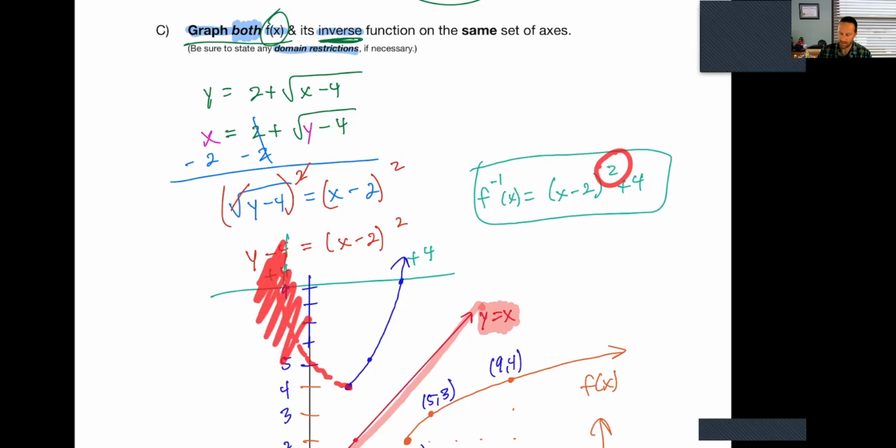So to make sure that it matches up with what we had originally, we're going to have to restrict this parabola to only having x's greater than or equal to 2. That then, my friends, would get rid of the other half of this that we technically would have been graphing.